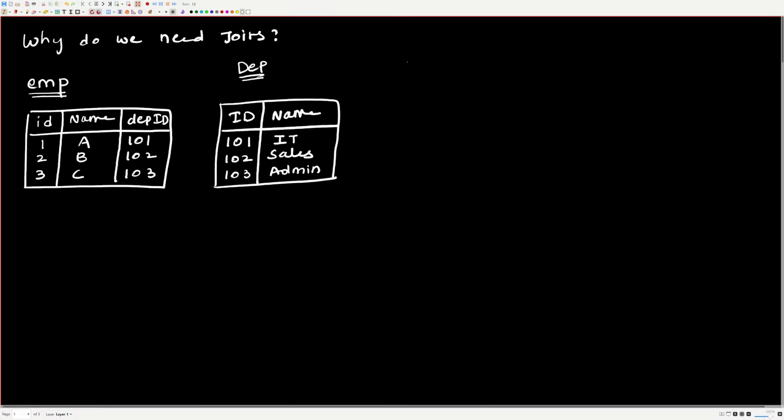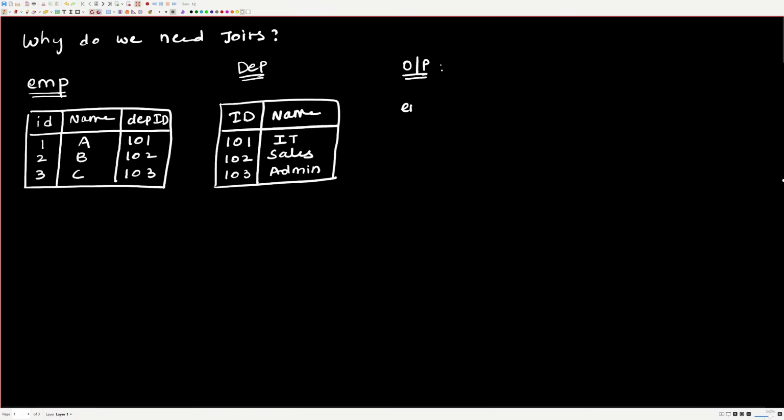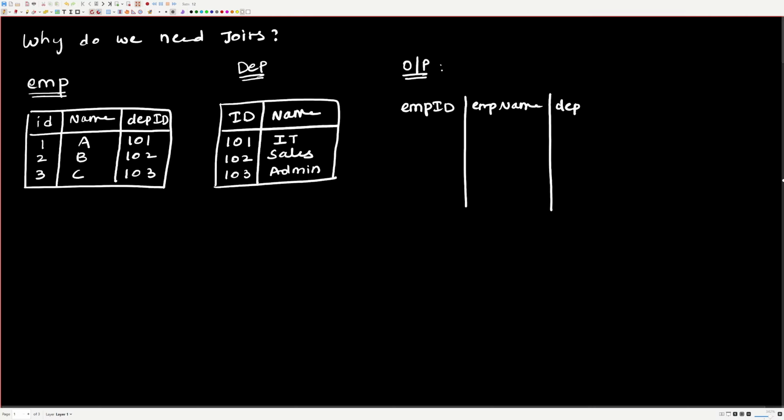Now let's say your manager comes to you and asks, can you give me output like this, where they want the employee ID, employee name, the department ID of that employee, and the department name.